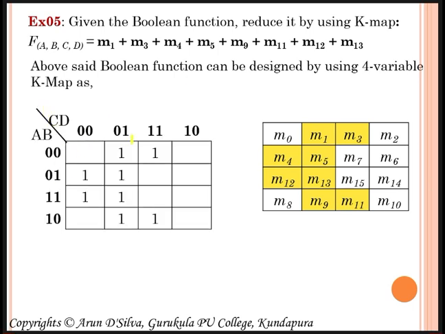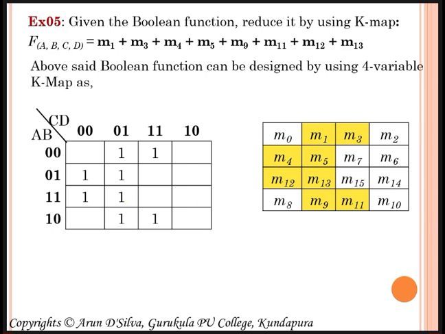The K-map I have designed for 4 variables with the AB and the CD variables. AB I consider row-wise with the reflection code 00 01 11 10, and the CD I consider column-wise with the reflection code 00 01 11 10. And wherever these min terms are specified in the question, there we have put the logical ones: m1, m3, m4, m5, m9, m11, m12 and m13.